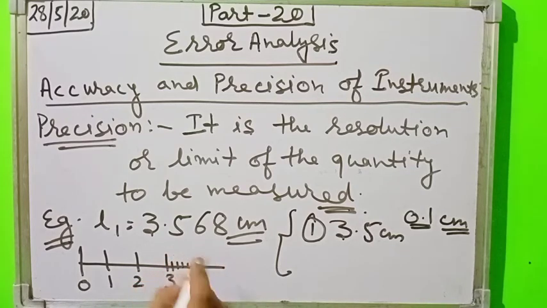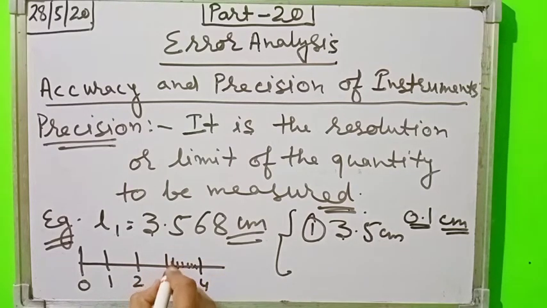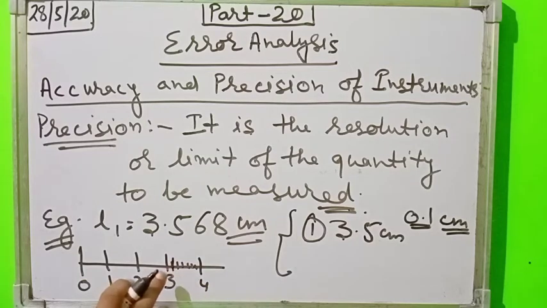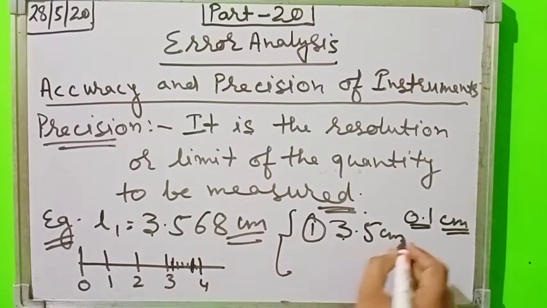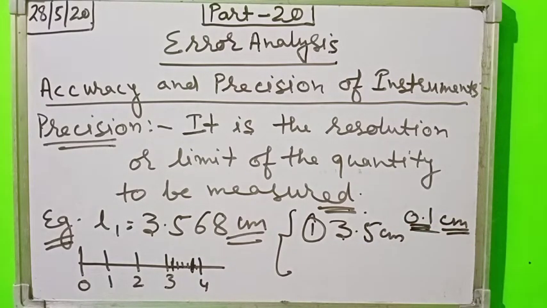So this will give 3.1, 3.2, 3.3, and so on. One big division is divided into 10 divisions. So its resolution is 0.1 centimeter.